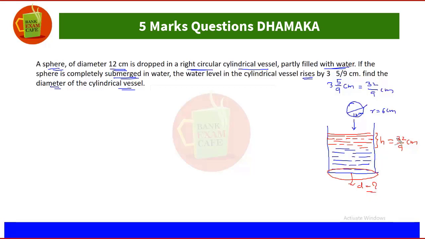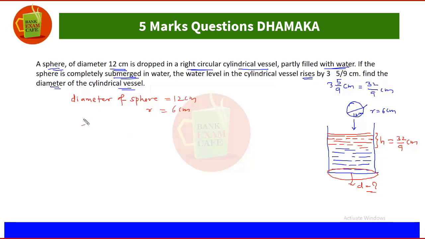So here we will see that by Archimedes principle the volume of this sphere should be equal to the volume of the water that is displaced. So first we will write the given things. Given things are diameter of sphere, that is equal to 12 centimeter, and therefore radius will be equal to 6 centimeter.